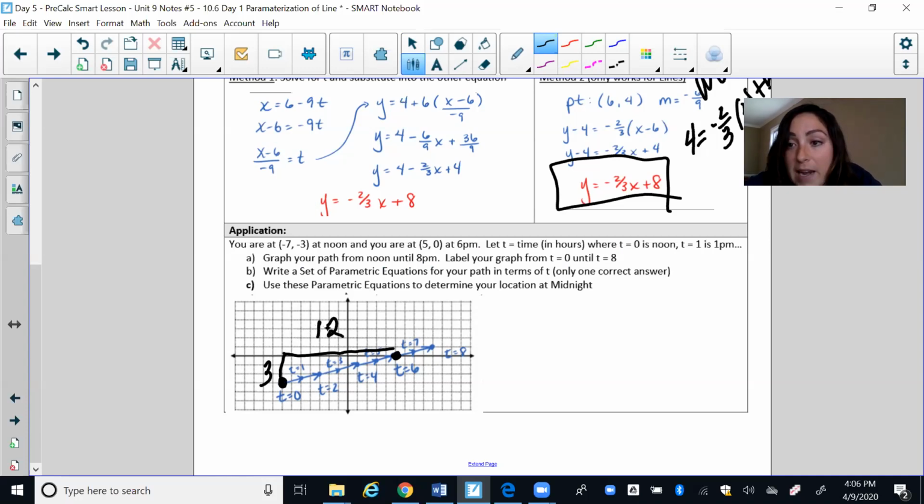So that means that every hour we go up 1/2 over 2, up 1/2 over 2. So if we continue that pattern, at time equals 7, we're at (7, 1/2), and then at time equals 8, we're at (9, 1).